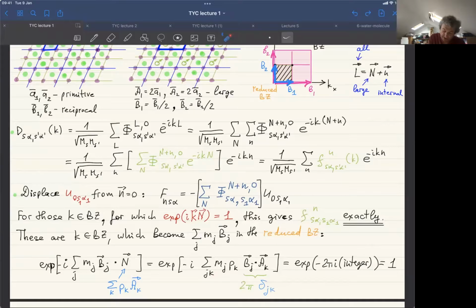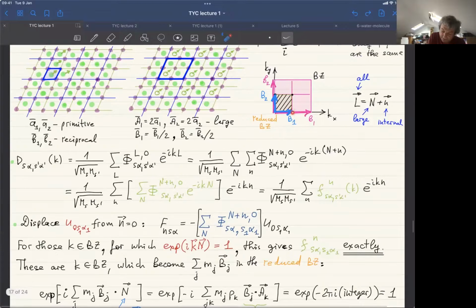So even though for k equals 0 that equation is obviously satisfied, it is also satisfied for these 3 points, which are obtained by adding these capital B's. So in fact, that expression for any capital N is satisfied for 4 k points in my example here: this one, this one, this one, and this one.